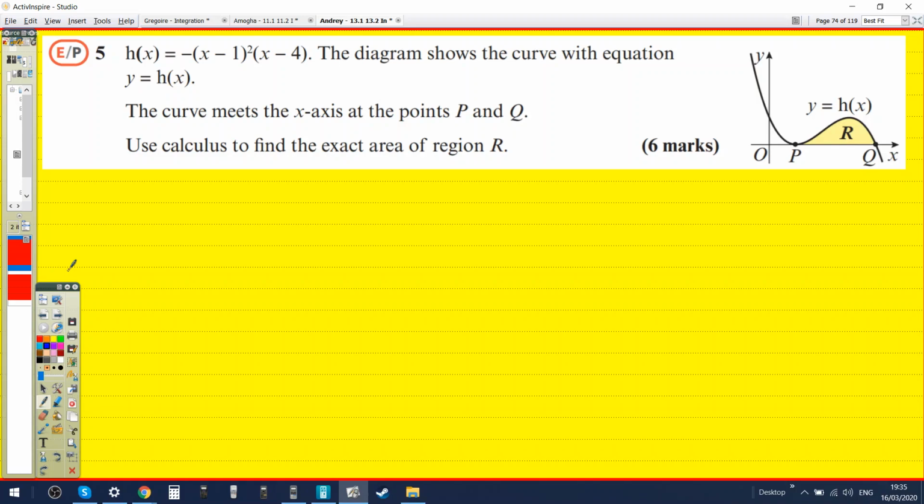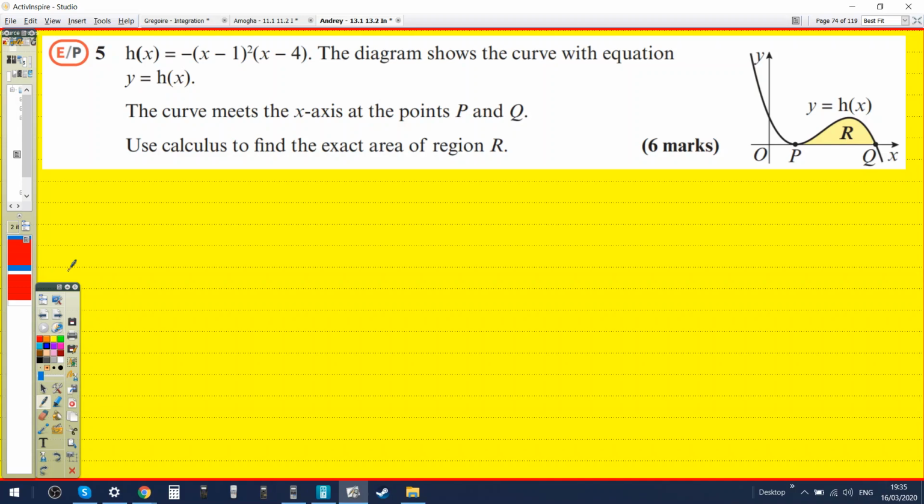Okay. So would I just put that minus x minus 1 squared x minus 4 thing into my calculator, like the graphical thing? Yeah, give it a go.